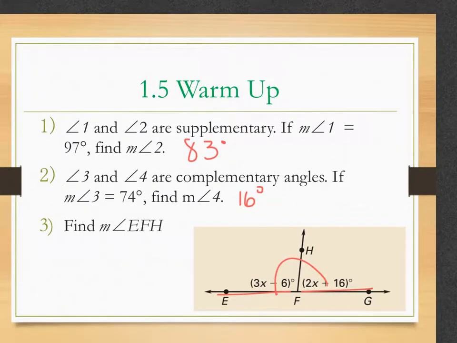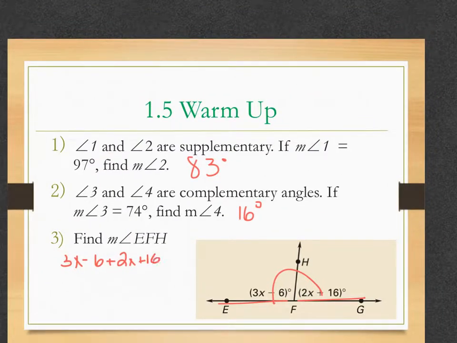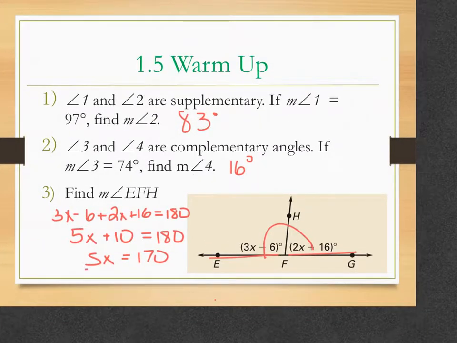So then 3x minus 6 plus 2x plus 16 would equal what? So 5x plus 10 equals 180. 5x equals 170. Divide both sides by 5.